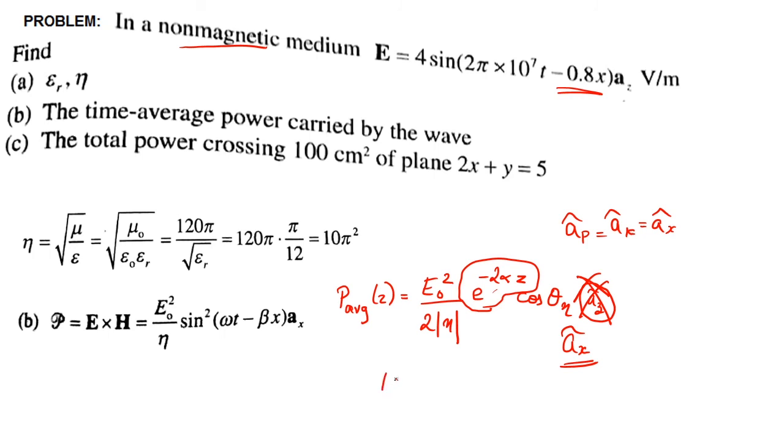E0 here it is 16 divided by 2 into 10 pi square into cos theta eta. Here it's a real value, so theta eta is 0, cos 0 is 1, into unit vector Ax. So this is the answer.